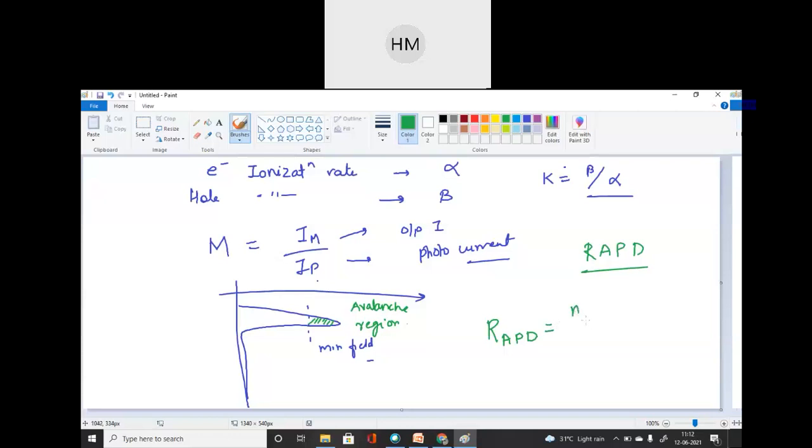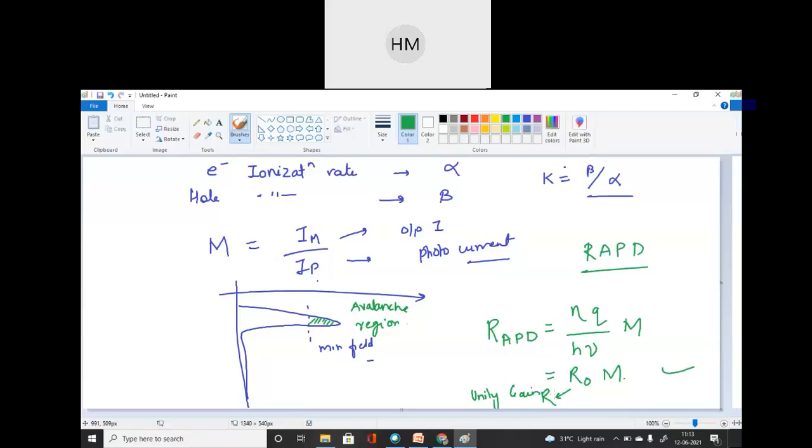That is given by this, and you have to remember this. R0 is the unity gain responsivity. So APDs have the major benefit of providing large gain bandwidth product and exhibit low loss.